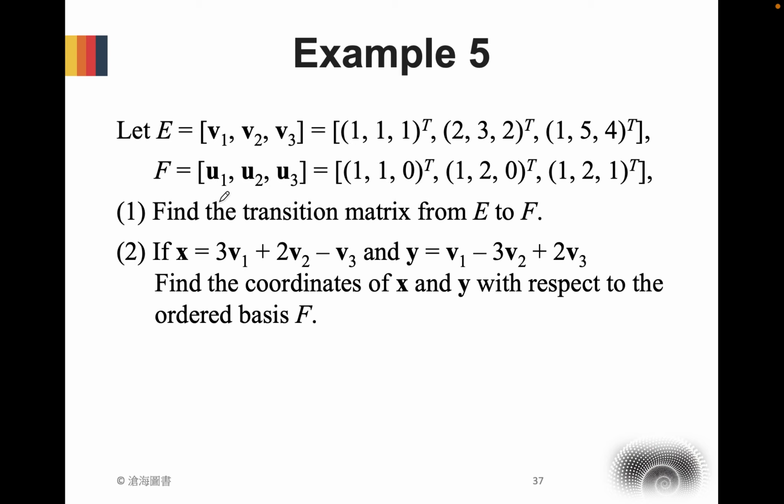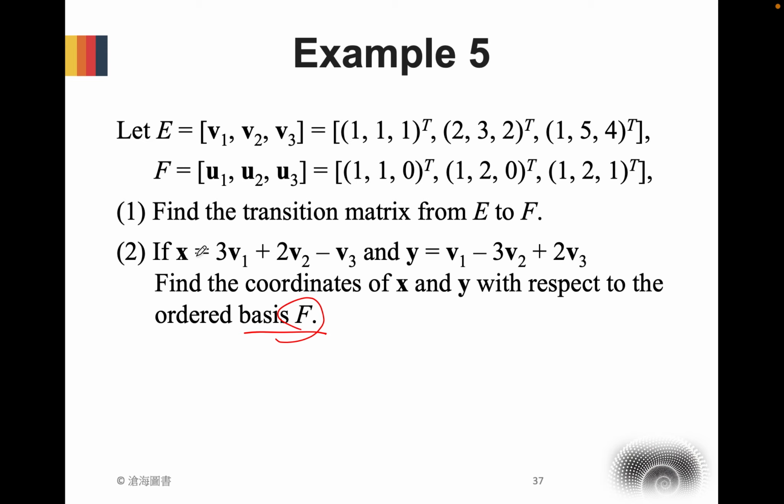Now we want to find the transition matrix from E to F. This is the first question. The second question: if a vector X is 3v1 plus 2v2 minus v3, we want to find the coordinates of X with respect to the basis F.